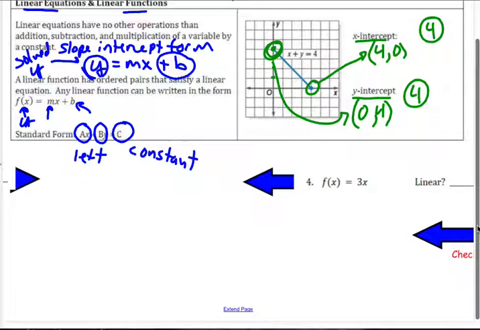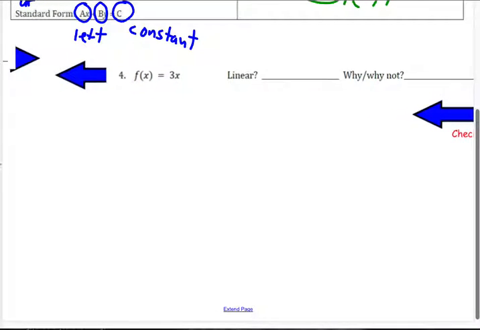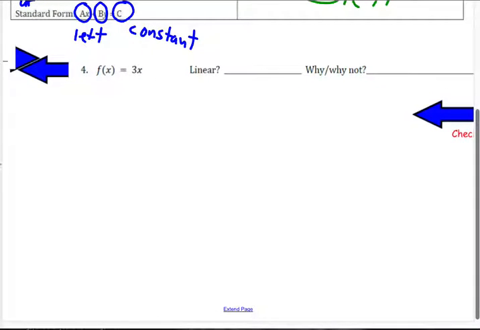First question here. Number 4. Is this a linear equation? This is no different than y equals 3x. So whether it's a linear equation or a linear function, in this case it would be yes. Why? X and y are to the first power.